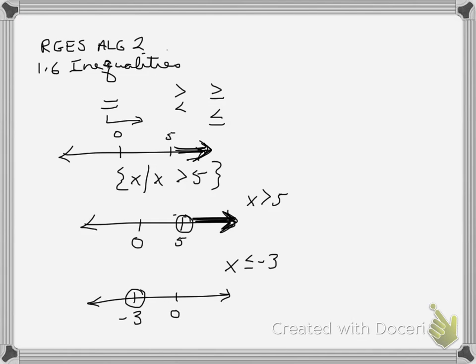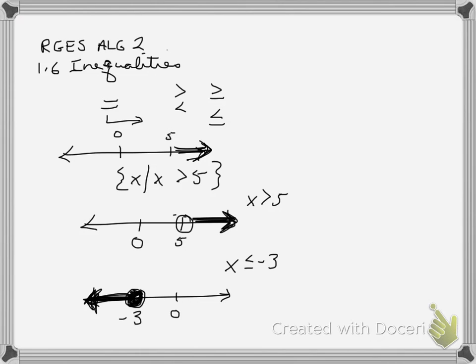So to indicate that I want to include the -3, rather than not include it, I would put what we call a closed circle. I would shade in the circle and graph, if it's less than or equal, everything to the left. So hopefully that's familiar to you, and this is just a review.